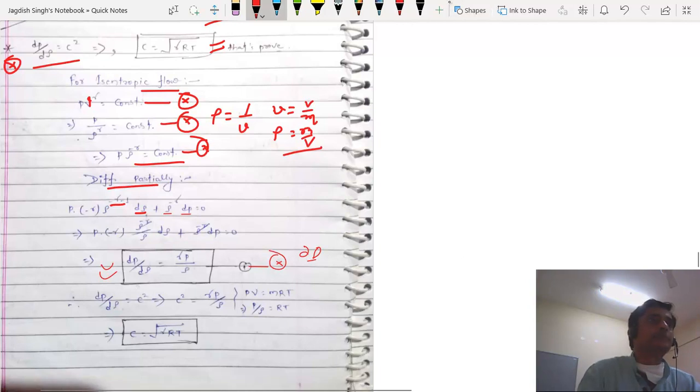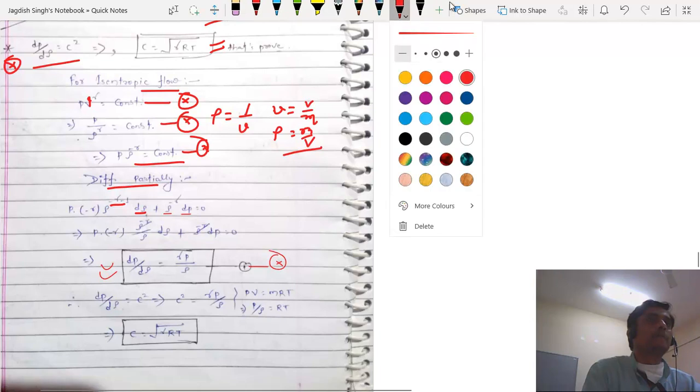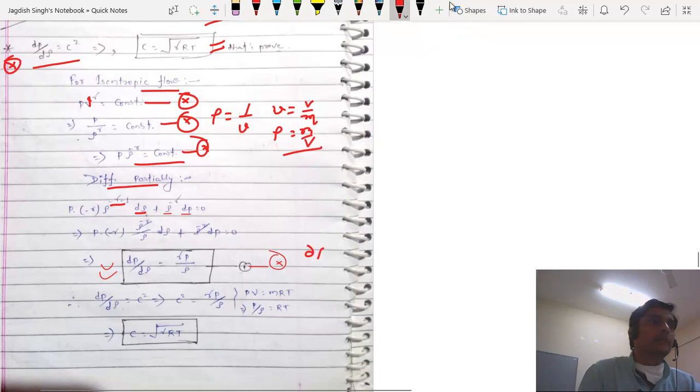Or you can say that del p by del rho is equal to gamma p by rho. We just have to simply differentiate this partially, and you will get this one.